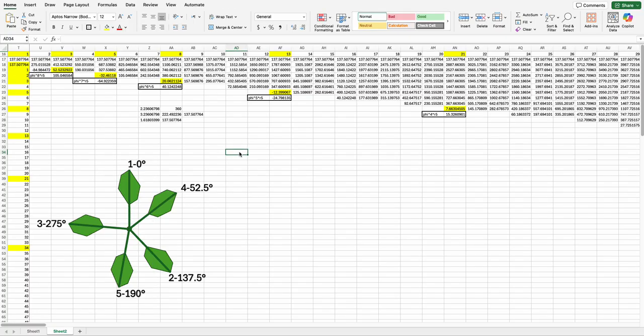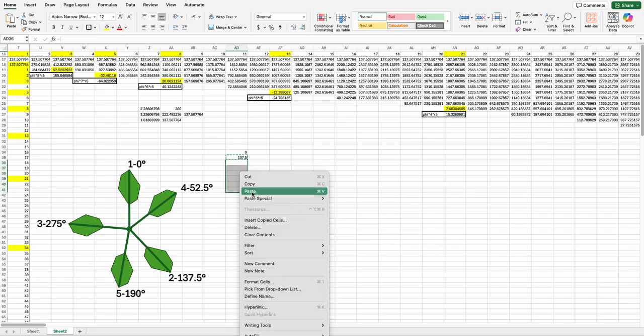So we start at 0, and then we add 137.5 plus 137.5. Now we carry this down several spaces here.